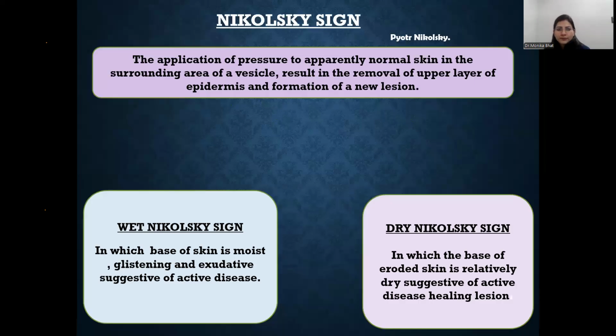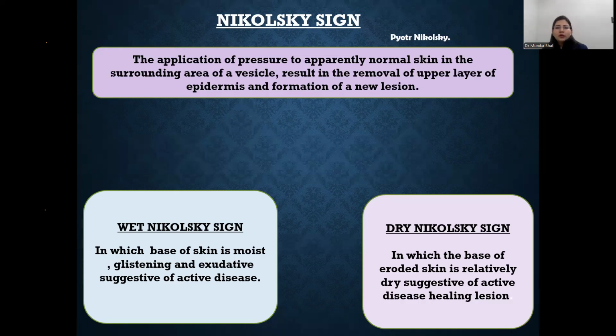The classic sign for this disease is Nikolsky's sign, which suggests that on applying pressure to apparently normal skin in the area surrounding a vesicle, it results in the removal of the upper layer, the epidermis, and leads to the formation of a new lesion.